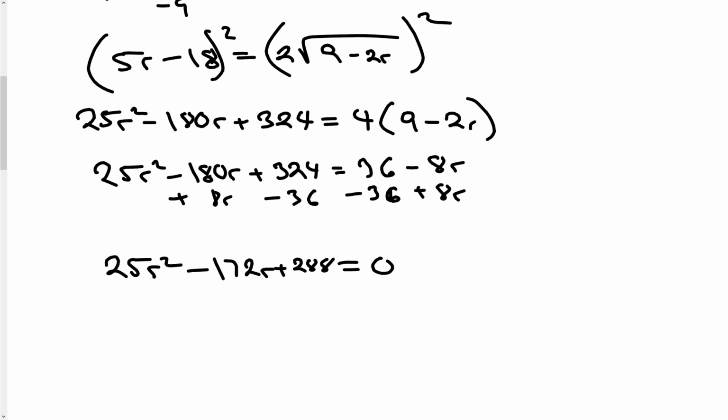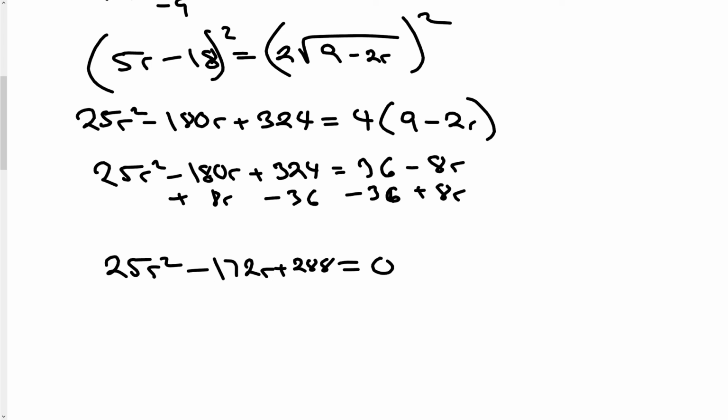So now the trick is to find the factors of 288 and the factors of 25 that add together to give you 172. If you can't figure that out, if that factoring is too difficult for you, you can always use the quadratic formula, or you could use a graphing calculator to help you graph it.